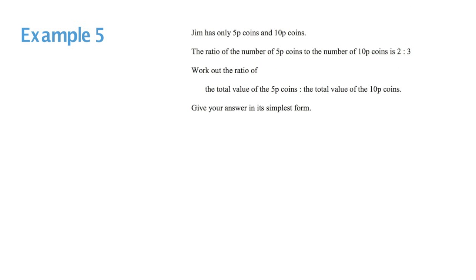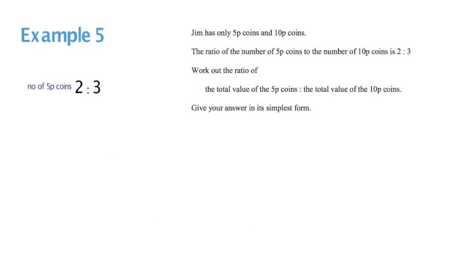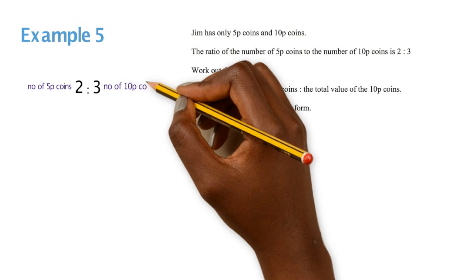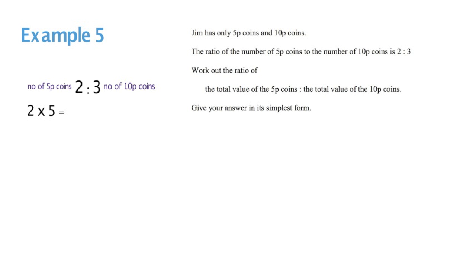And the last example, example 5. I brought this question up for a reason, because you've got the ratio of the number of coins, but you need to work out the values. So the first thing I do is write out the ratio, which is 2 to 3. So you've got 2 5p coins, and you've got 3 10p coins. Then to work out the value, the value is basically the total amount of money you have.